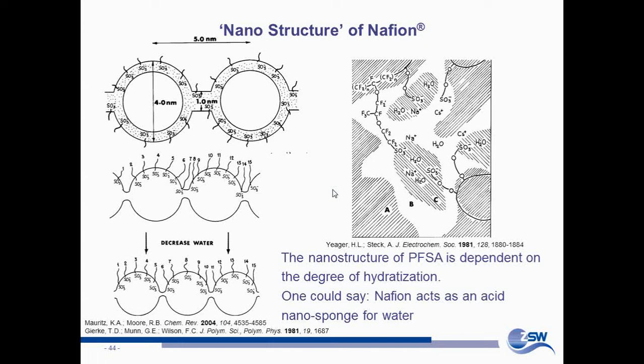Yet another model is a pore system made from a phase-separated polymer, where the hydrophobic backbones orient towards each other and the hydrophilic front ends orient to each other. And in the hydrophilic part, water can absorb and desorb, and you get more or less a continuous aqueous phase through the pore system of these perfluorinated sulfonic acids.